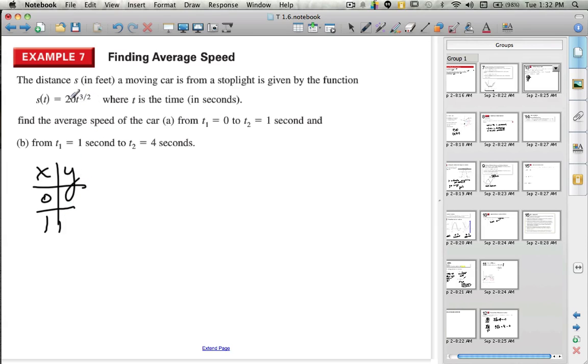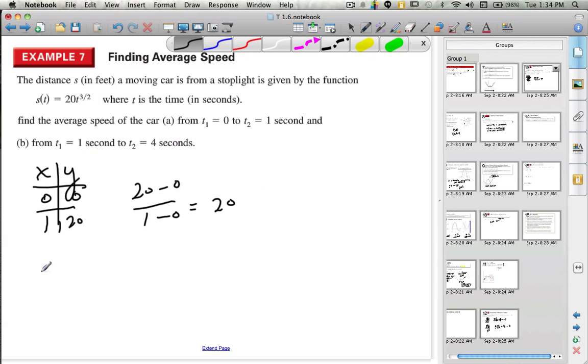When I plug 0 into this function, I get 0, right? 0 to the 3/2 power is 0. 0 times 20 is 0. When I plug 1 in, 1 to the 3/2 power, or 1 to any other power, is 1 times 20 is 20. So when we look at the rate of change, we'll have 20 minus 0 over 1 minus 0, so my average rate of change is 20.